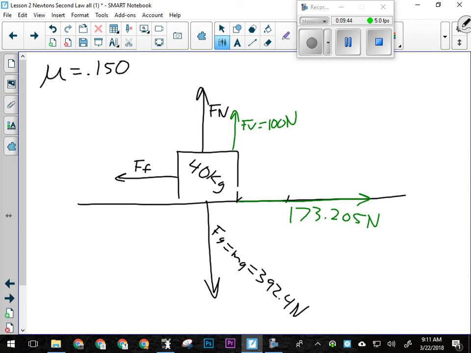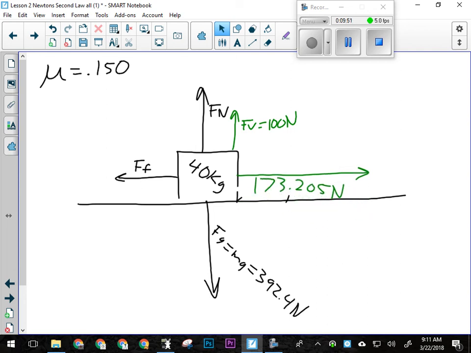This thing is being dragged along the surface. So is it moving vertically? If it's not moving vertically, what do Fn, Fv, and Fg add up to? 0. Right. They add up to 0.